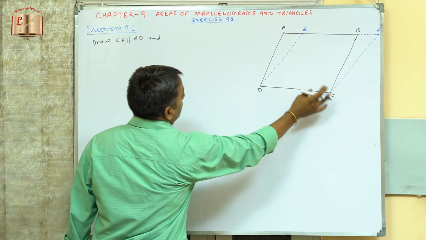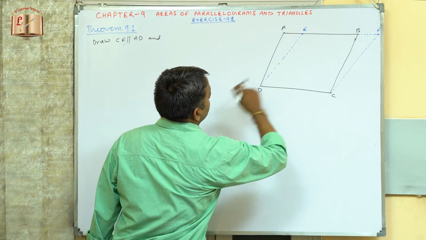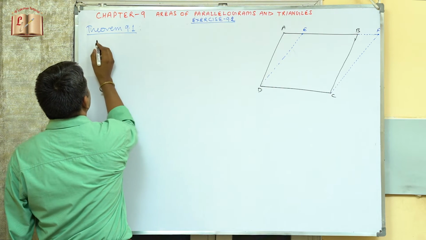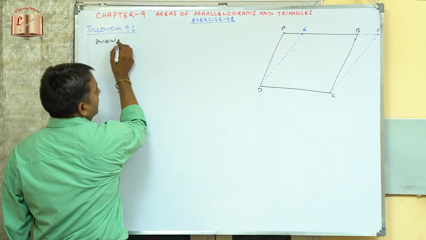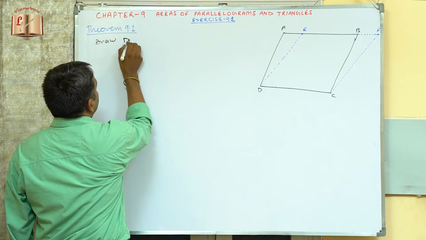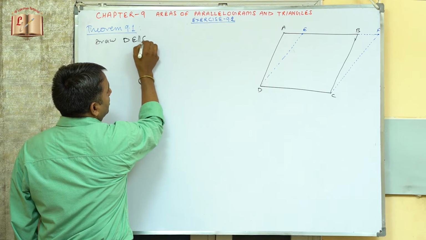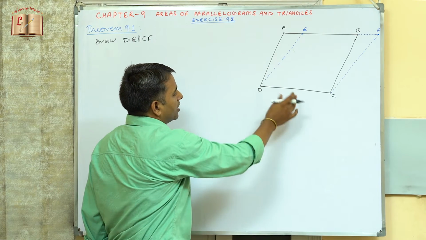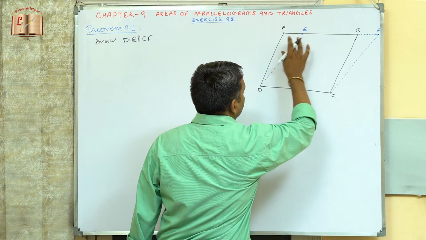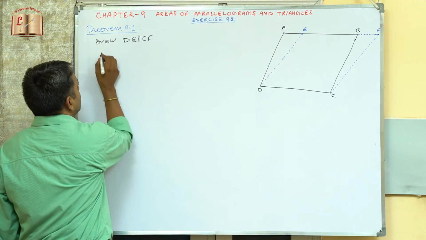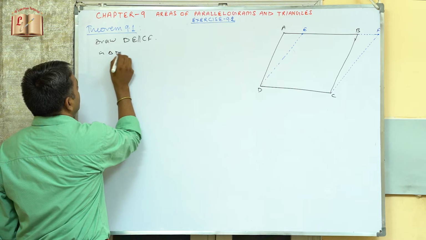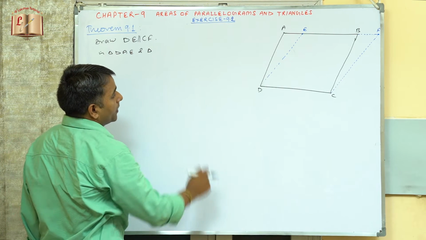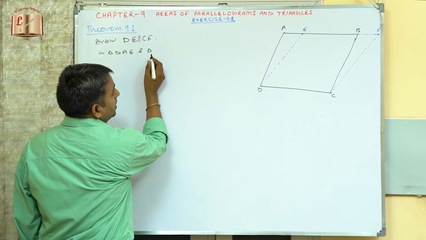CF is now drawn parallel to this one, or we can write that draw DE parallel to CF. Now in this parallelogram, see that we will consider these two triangles: triangle DAE and triangle CBF.